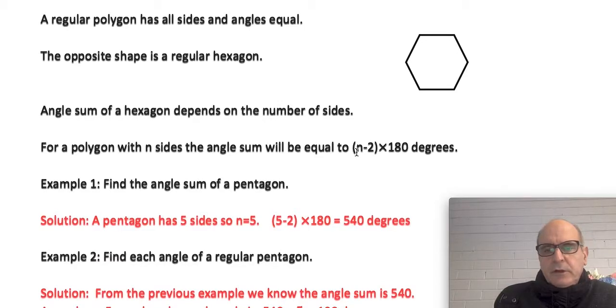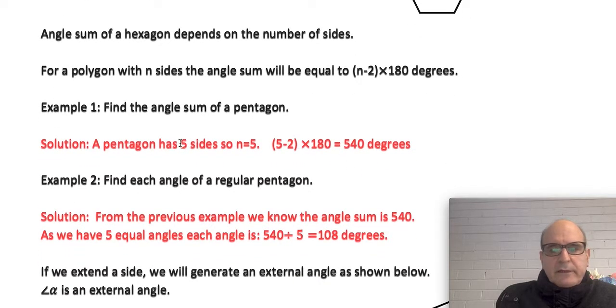So whatever the number of sides is, take away 2 and multiply the resulting number by 180. The reason for that is we can build n minus 2 triangles inside the polygon, and because each triangle adds up to 180, the angle sum will be that much.